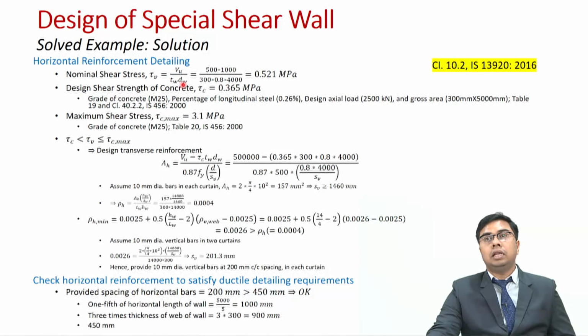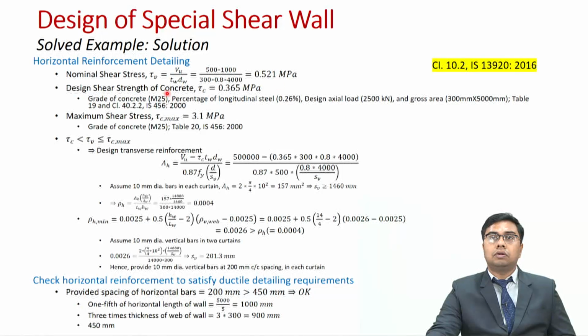Effective depth of the wall is considered as 0.8 times the length of the wall. So, we will have tau V as 500 kilonewton divided by 300 mm multiplied by 0.8 multiplied by 4000 mm. So, we get tau V as 0.521 megapascal.